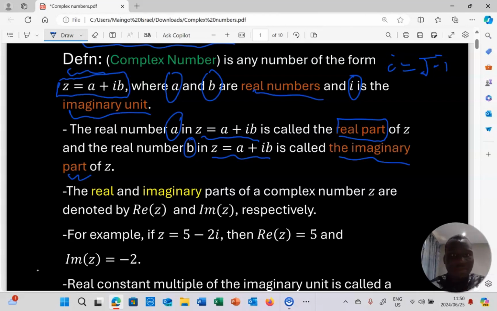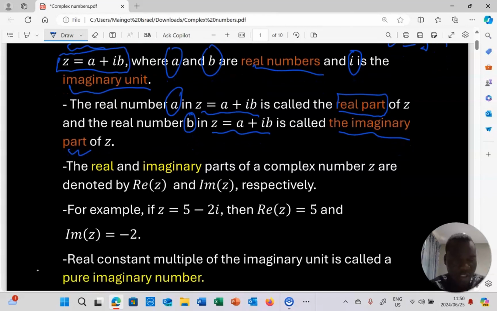So a is the real part and b is the imaginary part. They are denoted by Re(z) and Im(z), which stand for real part of z and imaginary part of z.